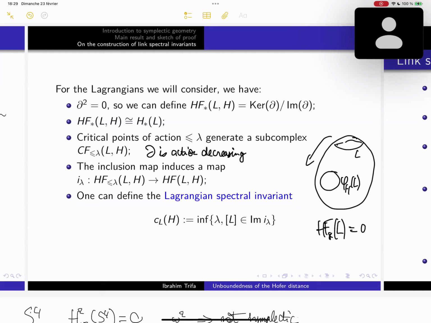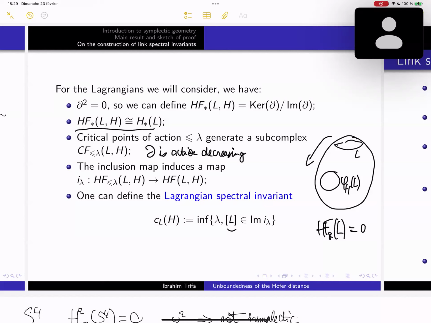So when I say fundamental class, you see this isomorphism here is natural. So there is an element inside HF star L of H that I can call the fundamental class of L. And then this spectral invariant tells me the minimal action at which I can see a representative of the fundamental class.